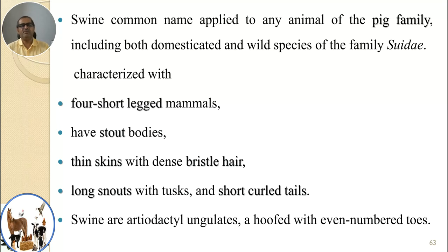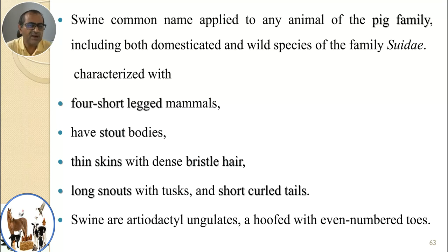Swine is the common name applied to any animal of the pig family. Swine is a broad term. Whereas the pig family, a pig is a broad term, whereas the small swine is the small term, including both domesticated and wild species. The family Suidae, and they have certain characteristics, with four short-legged mammals.